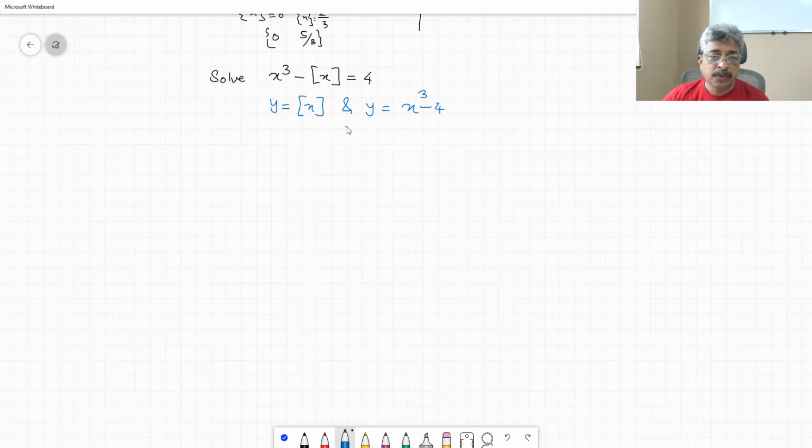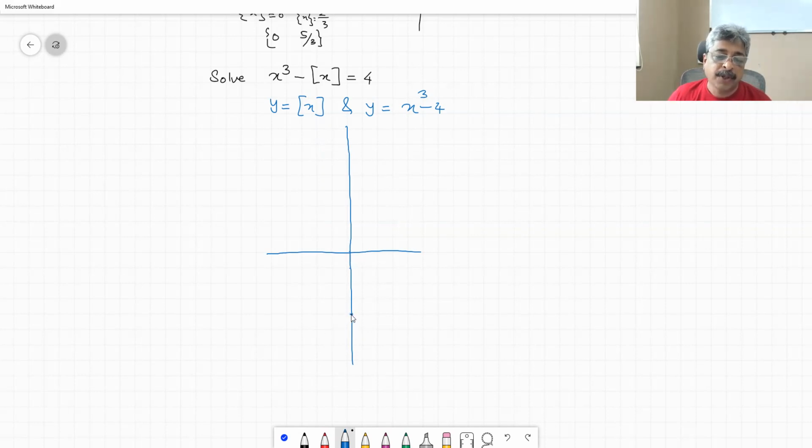So this is our y-axis, this is our x-axis, and you know y is equal to x cube will pass through the origin. You are supposed to come 4 units down and sketch exactly the same graph.